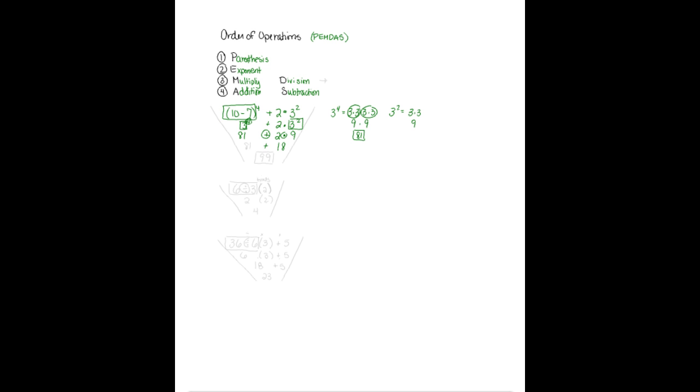Bring down your addition, bring down your 81. Then you have, last, just 81 plus 18. So 1 plus 8 gives me a 9, 8 plus 1 gives me a 9, so my answer to that entire problem is 99. It's interesting because order of operations often makes a pyramid look when you do it. Off to the side you'll see that I showed my scrap work, because it's important to keep that in mind as you work problems.